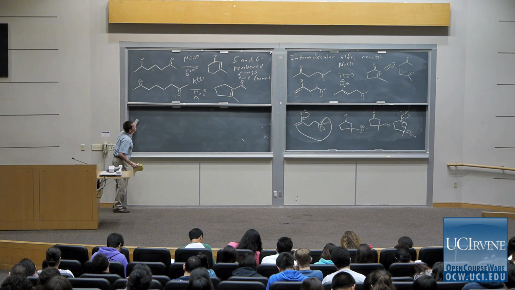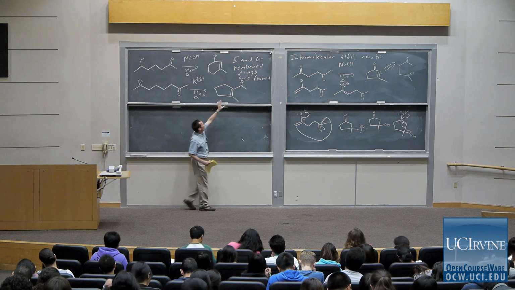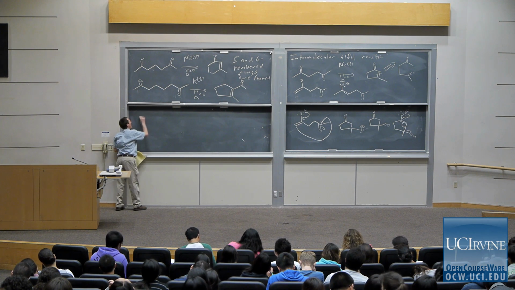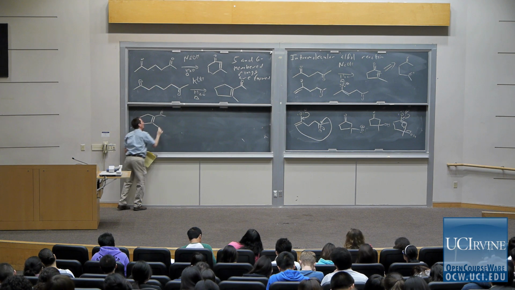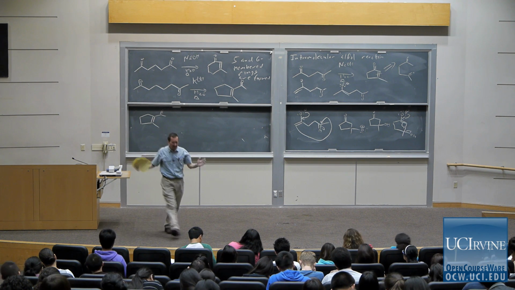Now, this process of thinking backwards, again, just apply it over here. Look at this. Think backwards. We have an alpha beta unsaturated carbonyl compound, because you'd look and you'd say, okay, everything that he said in class makes sense.